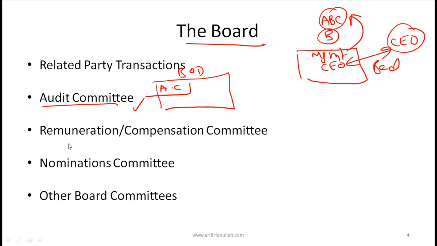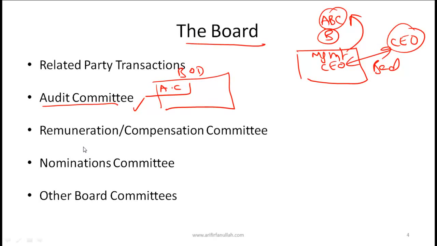Remuneration and compensation committee. So here, as an investor, we should determine whether the company has a committee of independent board members charged with setting executive remuneration and compensation. So obviously the job of this remuneration committee is to ensure that management is compensated in an appropriate manner, that the incentives in the compensation are appropriate, and that compensation is in line with performance and in line with industry standards.